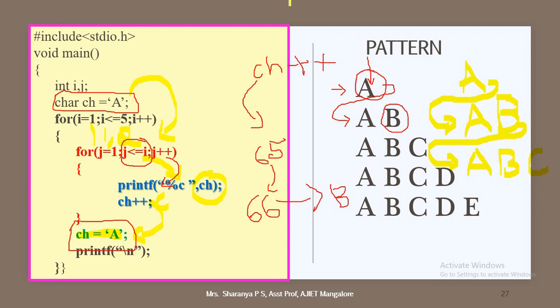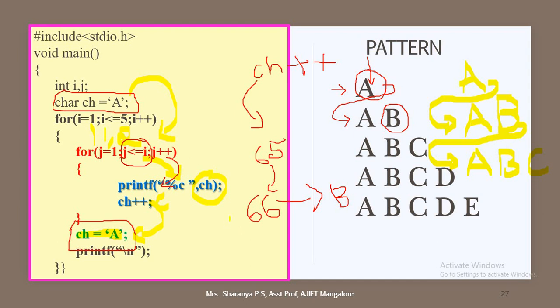As a concluding remark with respect to this pattern, we have set one variable with the initial character value, and then we will be running the first for loop for the number of lines we want to print. The second for loop is mainly dedicated to displaying the content, and depending on how many characters are displayed in each line, we have written the condition J is less than or equal to I, and we are printing the actual CH value.